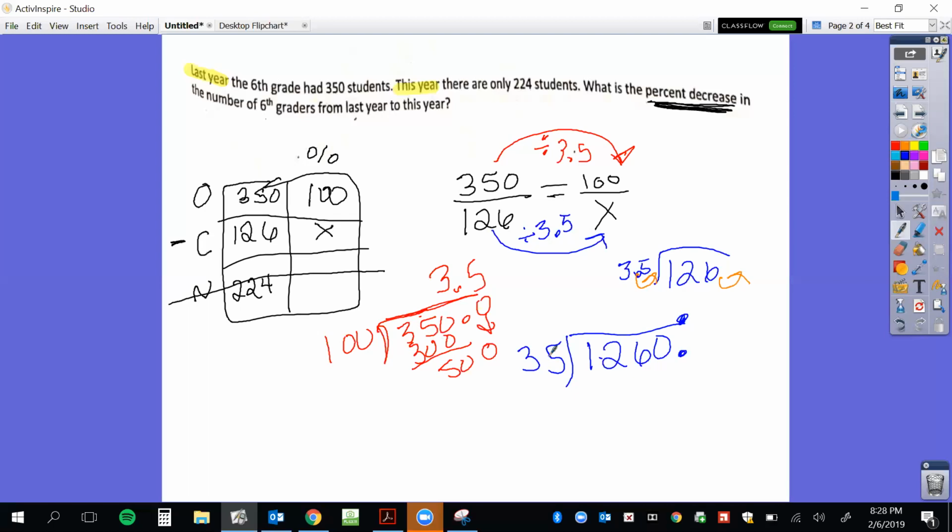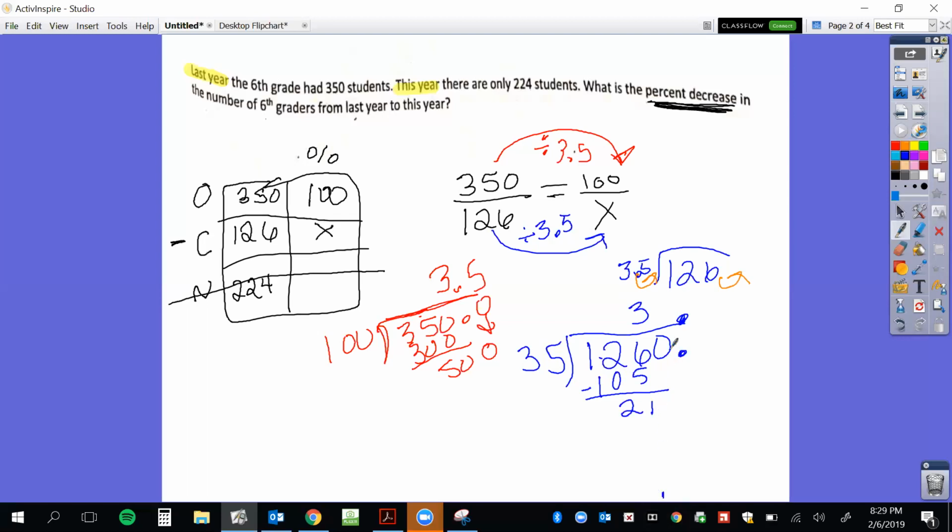Now, 35 does not go into 1. It does not go into 12. But it does go into 126 3 times. 3 times 35 is, let's see, 3 times 5 is 15, so 105. If I subtract, I get 21.